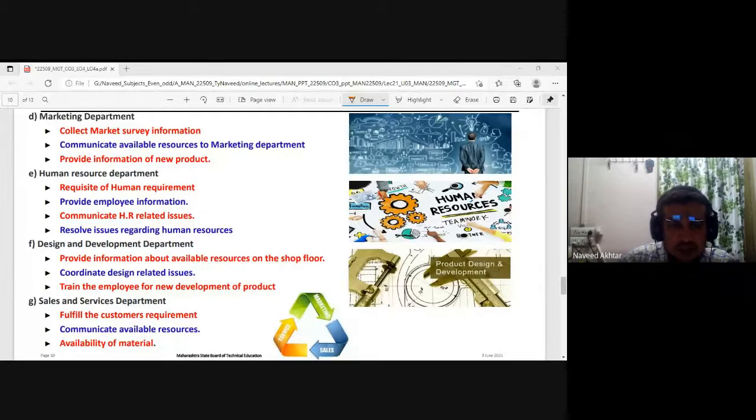Similarly, study of management principles applied to medium scale industry or organization. Similarly, study of management principle applied to large scale industry or organization.